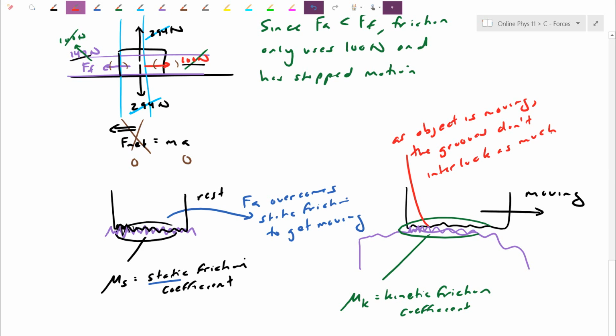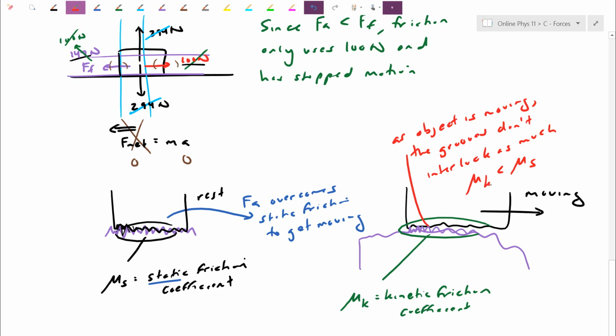So as a general rule, mu k is usually a little bit less. It's still friction, it's still trying to slow you down, still trying to keep you from just running off. But mu k is usually a little bit less than mu s.